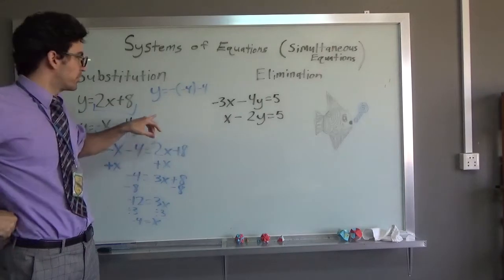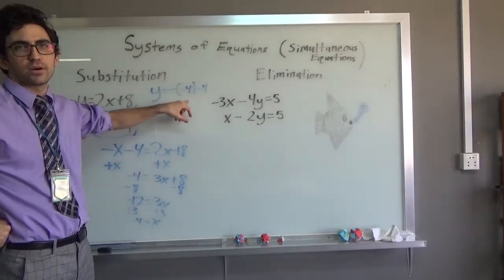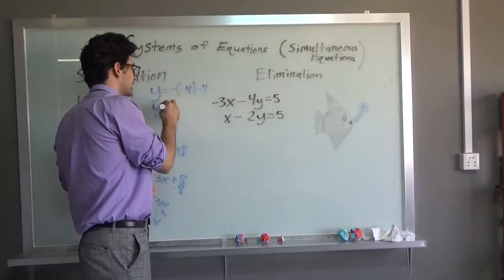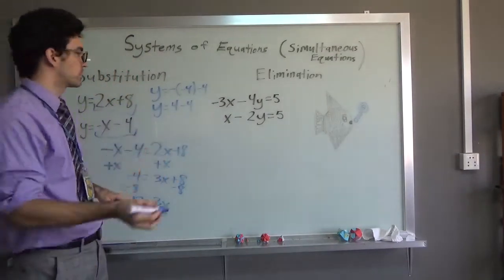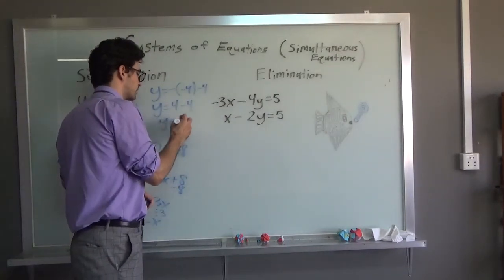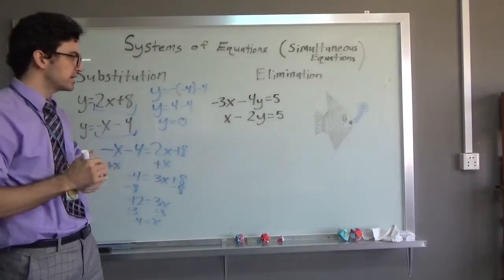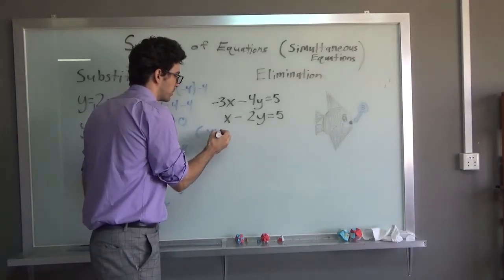Okay, so negative negative 4 is a positive 4. So y equals positive 4 minus 4. What is 4 minus 4? y equals 0.